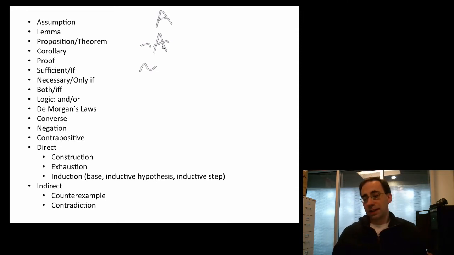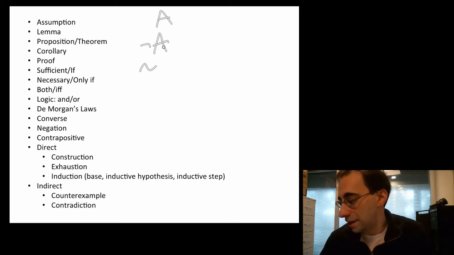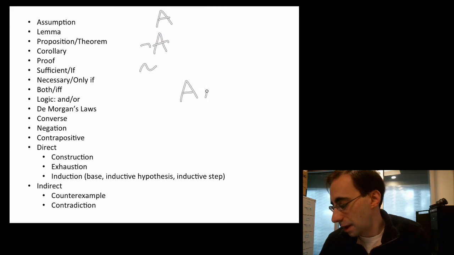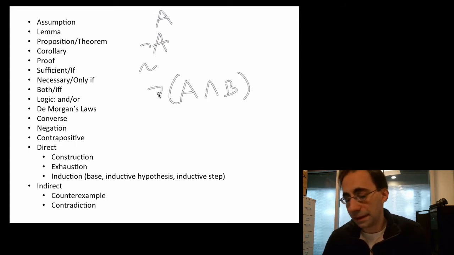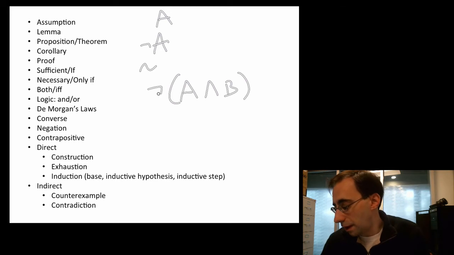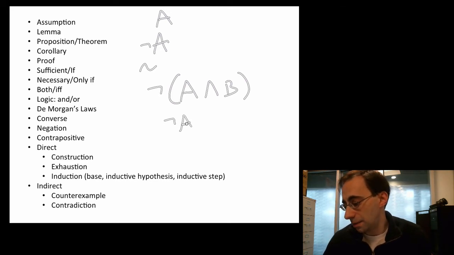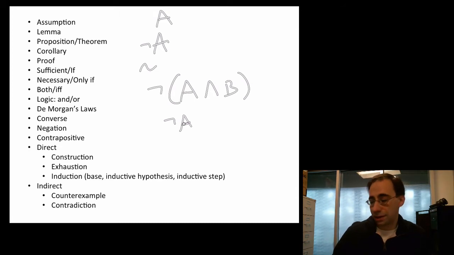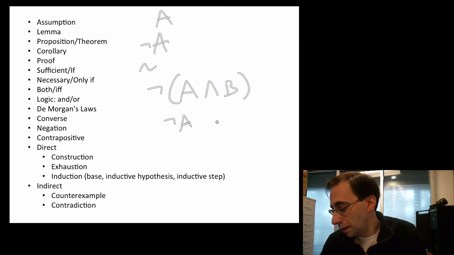De Morgan's laws let you play around with negation. So if you have the statement A and B, and you negate that, so now it's not A and B. Well, how can you not have both be true? If not A is true, then A and B is not true.